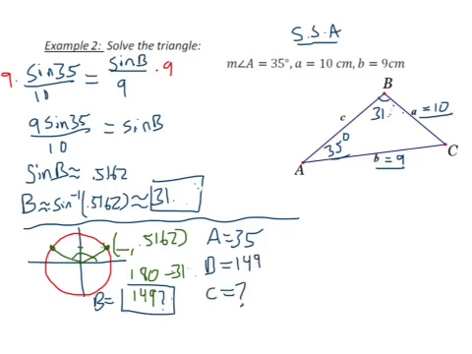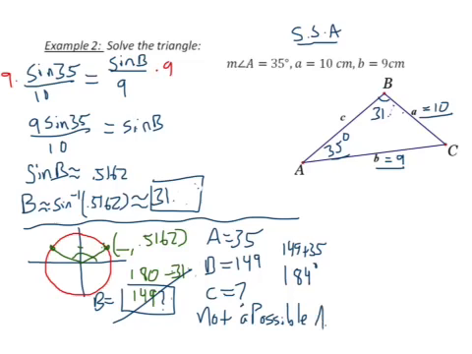But a triangle can only have 180 degrees in it, so we've got a problem here. We don't have enough room for C. So this we have to throw out. This is not a possible angle. So that means that the only possibility for B is 31.